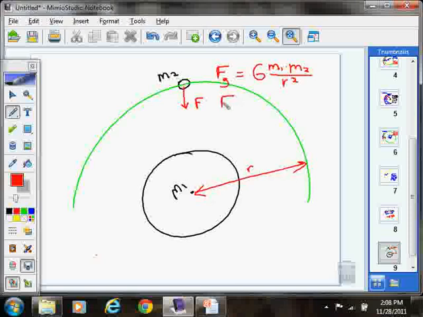I know it's also Fg equals M2 g. And I also know it's Fc equals M2 V squared over R.